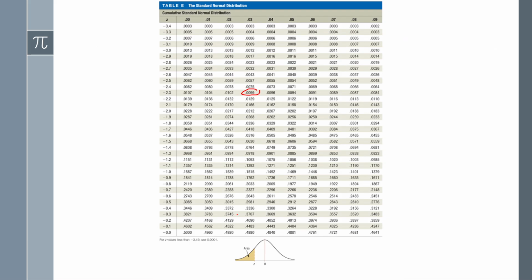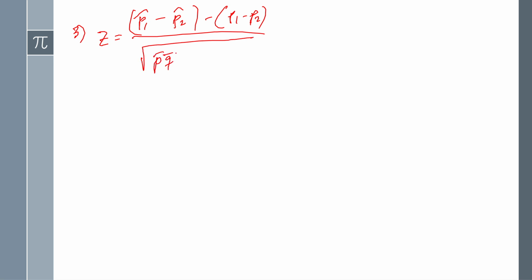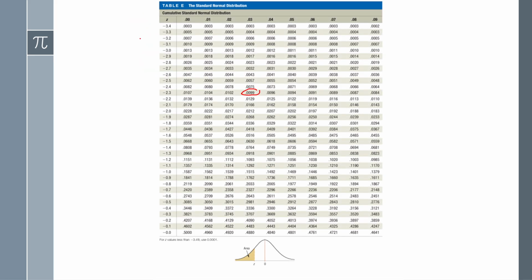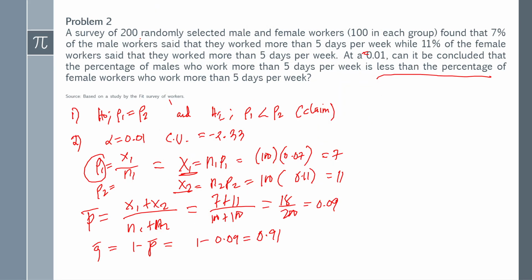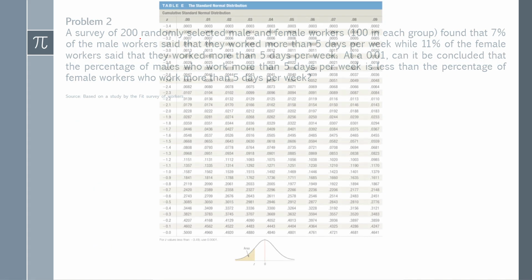Step number 3, so z is equal to the sample proportion 1 minus sample proportion 2, minus p1 minus p2, over the square root of p bar times q bar times 1 over n1 plus 1 over n2. The given here is the proportion 1 is 7% and the proportion 2 is 11%.